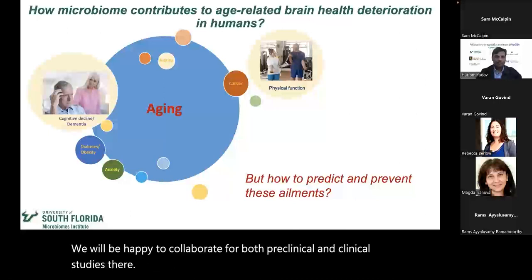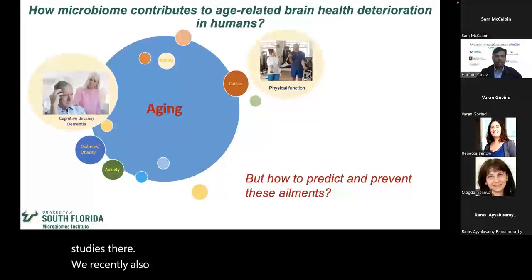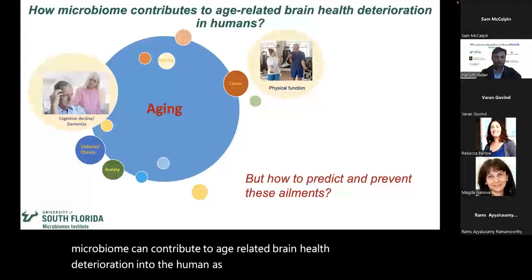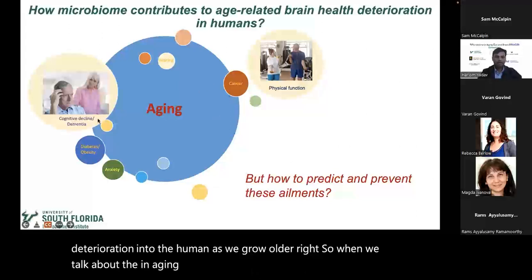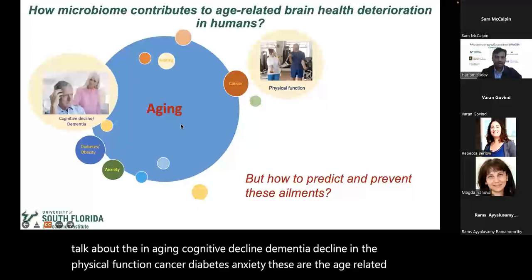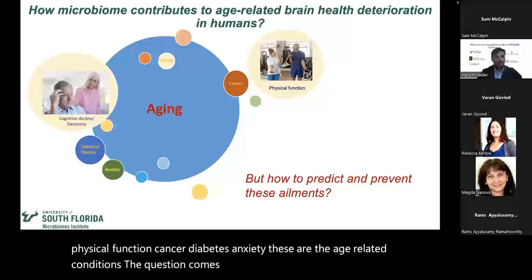Now, we recently also started asking the question of how the microbiome can contribute to age-related brain health deterioration in humans as we grow older. When we talk about aging, cognitive decline, dementia, decline in physical function, cancer, diabetes, and anxiety are the age-related conditions. The question is, can we predict?